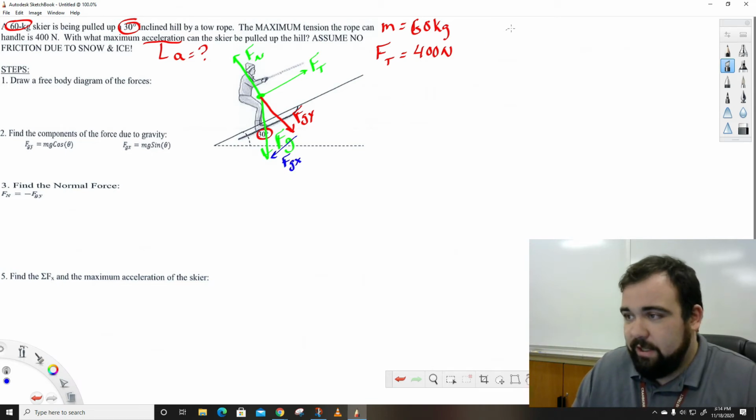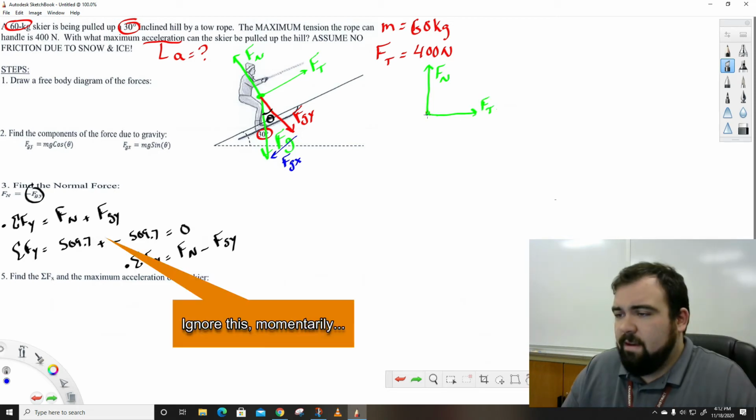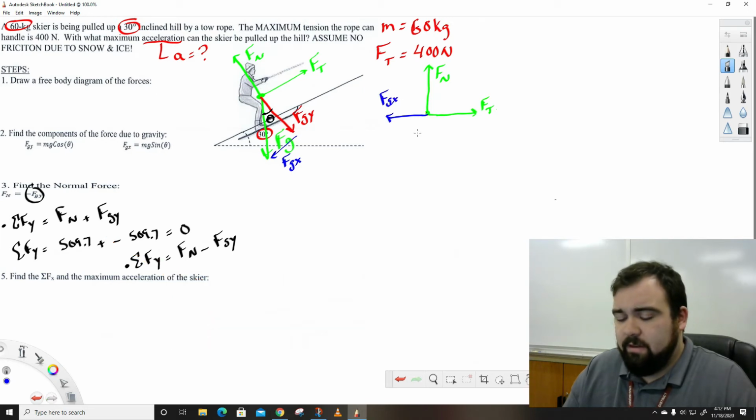Now if we were to rotate that and draw it in the perspective that we normally use, that would mean that FN is directed upward. Force of tension is to the right. FGX is going to be to the left, and FGY is going to be directed downward.